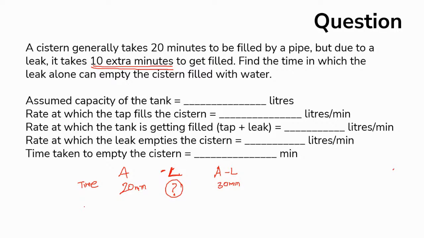And here, filling per minute, try to write it. Whenever we are taking the LCM and assuming the capacity of the tank, we take it between these two values, 20 minutes and, sorry, 30 minutes.